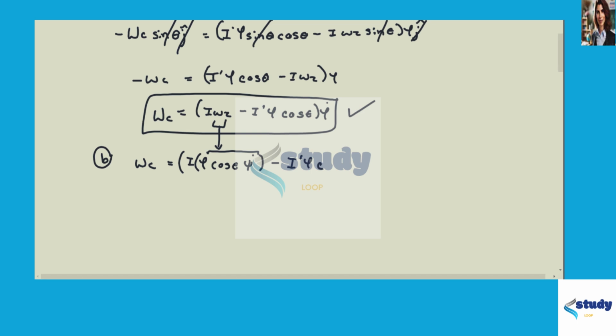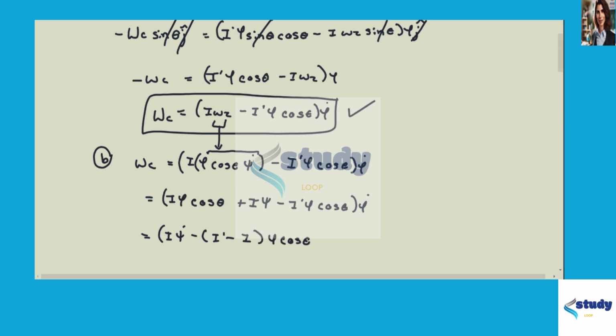I phi cosine theta phi equals I phi cosine theta plus I capital phi minus I phi cosine theta times phi equals I phi minus I phi cosine theta phi.